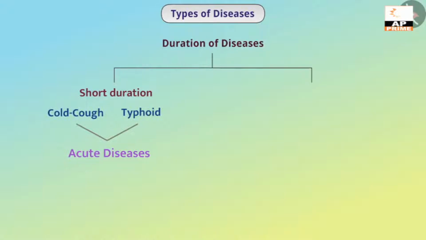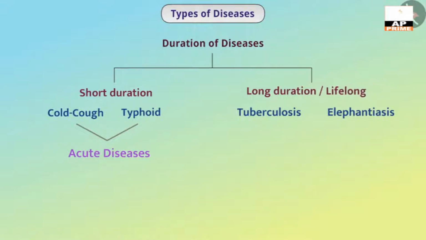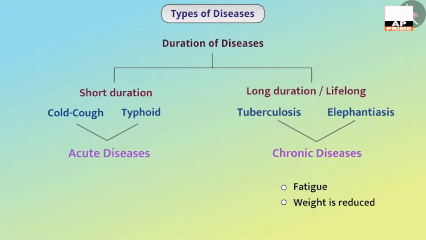Some diseases like tuberculosis, elephantiasis develop after a long time and are of long duration or lifelong. Such diseases are called chronic diseases. Since the disease is for a long time, they cause specific harm to our health. Therefore, the patient feels fatigue and his weight is reduced.